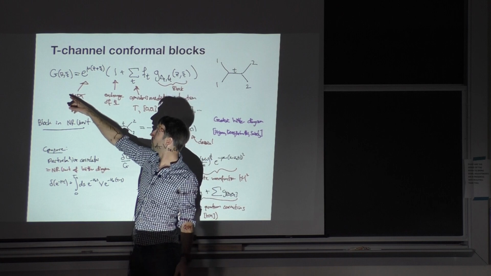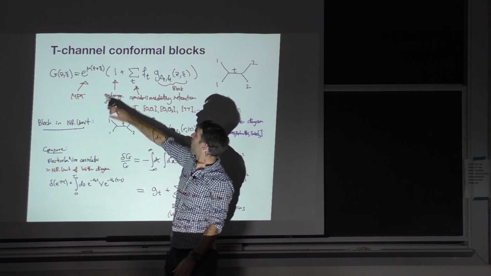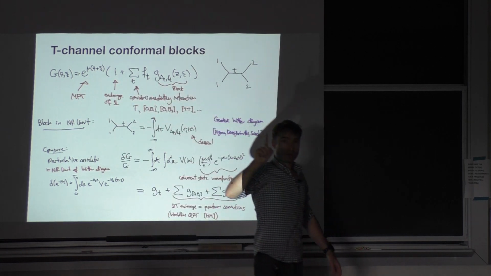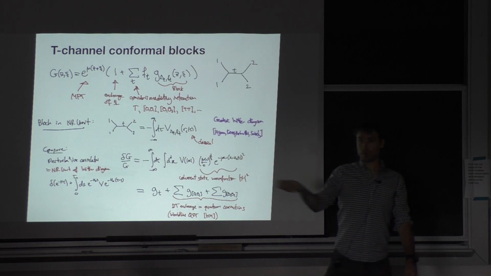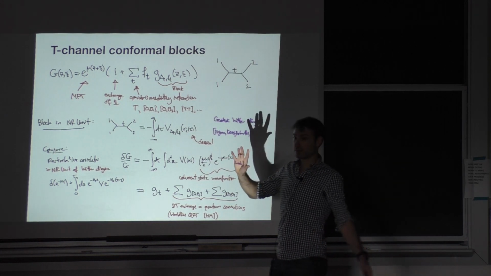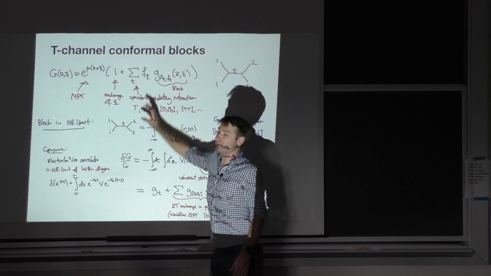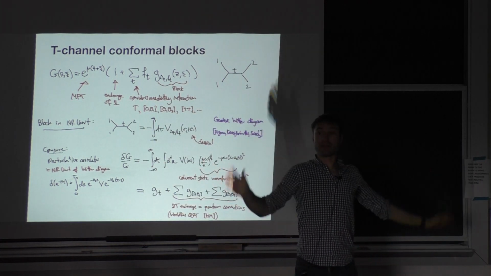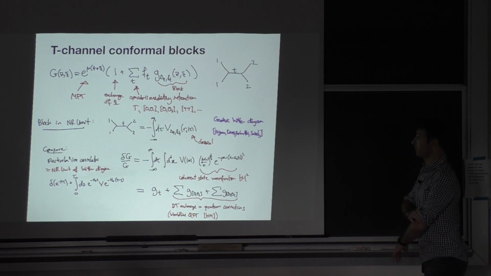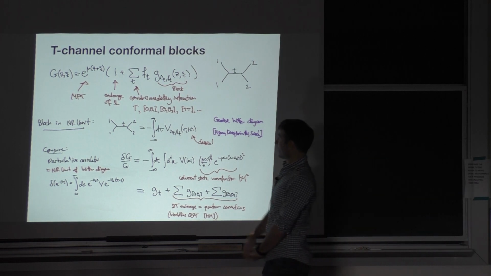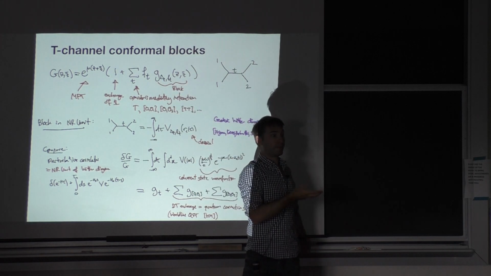Our correlation function has a free piece, from exchanging the identity operator, which gives you the free correlation function. And then there's an exchange of every other operator in the theory, in principle. These are the things we're going to think about as mediating the interaction.